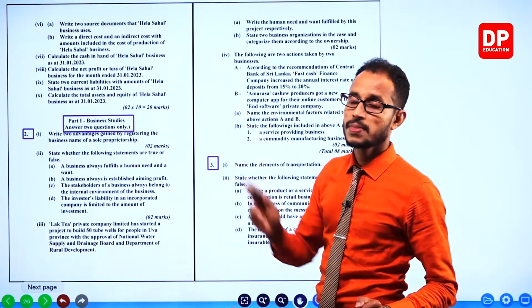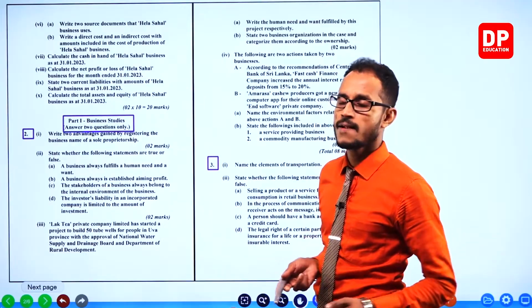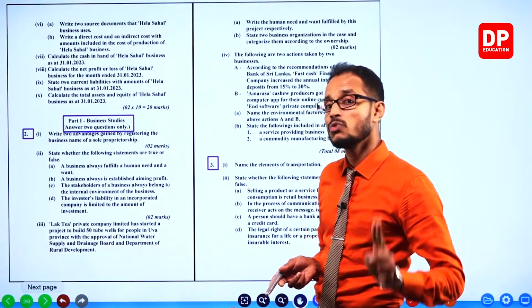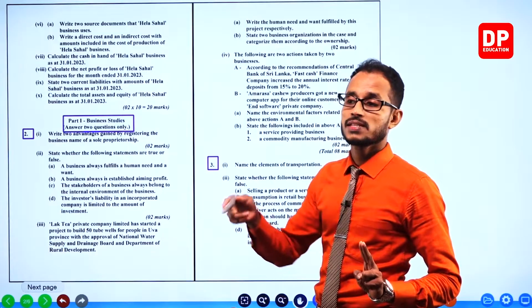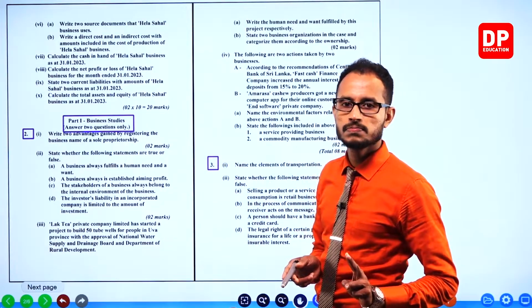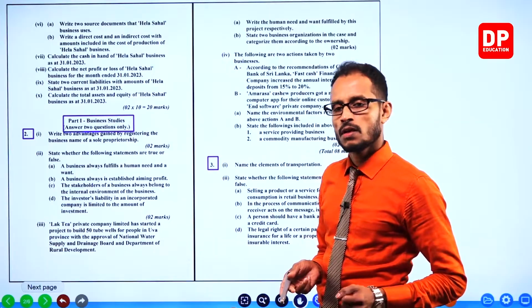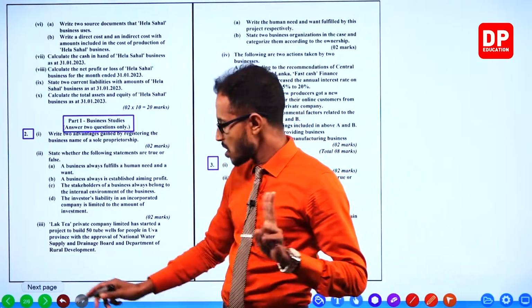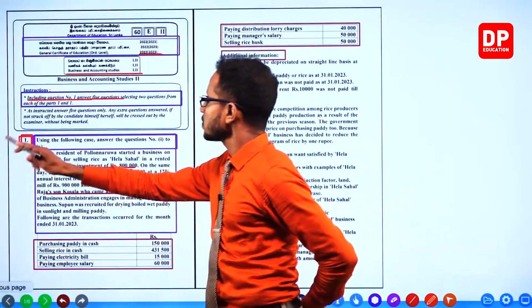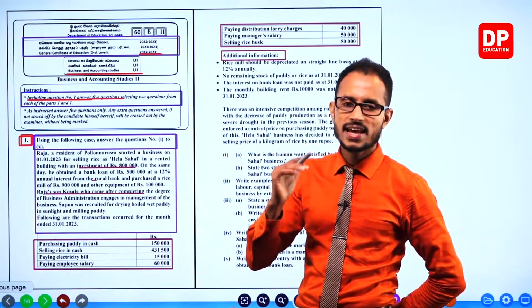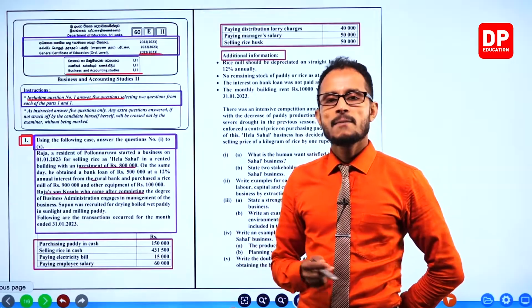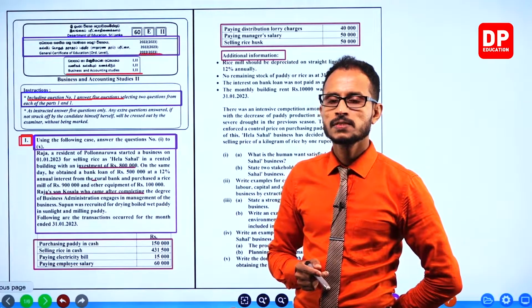Then 20 plus 16, 36. Then 12 plus 12 for the accounting questions. 36 plus 24, 60 in 2 hours, right? So of course, you have less than 2 minutes for each mark.